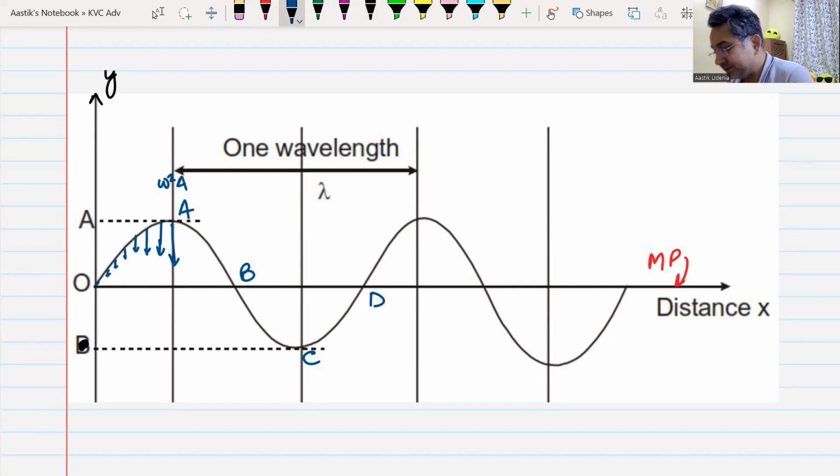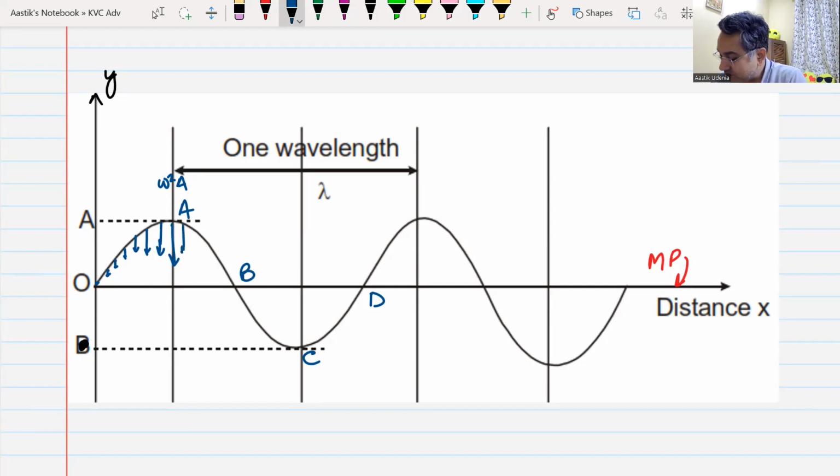From A to B, what is the direction of acceleration? Downwards, sir. Acceleration has to be always towards the mean position. It cannot be away from the mean position.